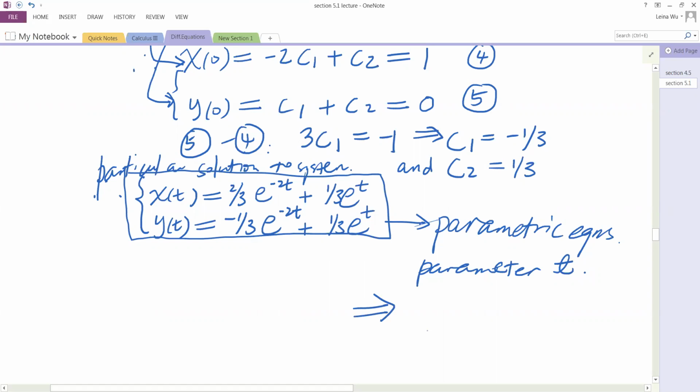So basically it indicates y would be a certain function of x. Make sense? So if you eliminate the variable t, you can write y as a function of x, and the graph will just be illustrated by this curve. But anyway, this is just a solution curve to this initial value problem.